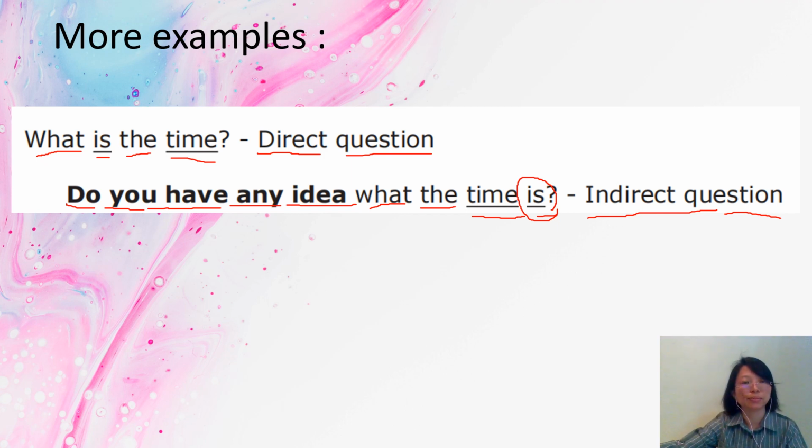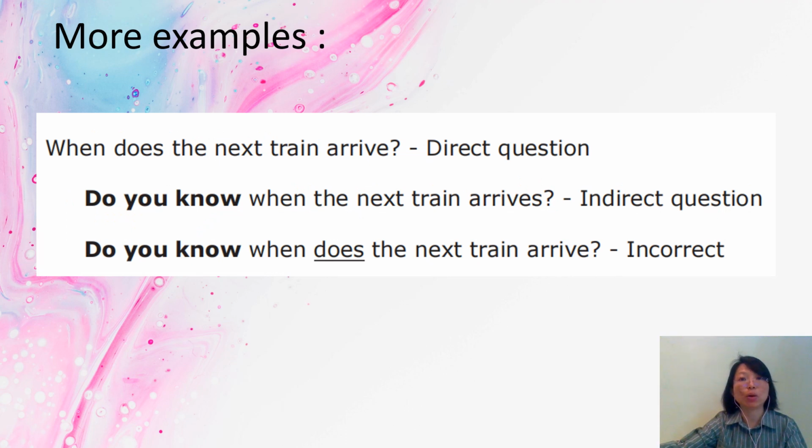Now let's look at this direct question here. The direct question here asks when. When does the next train arrive? So when you change it into indirect question, let me underline it first, you can begin with, do you know?